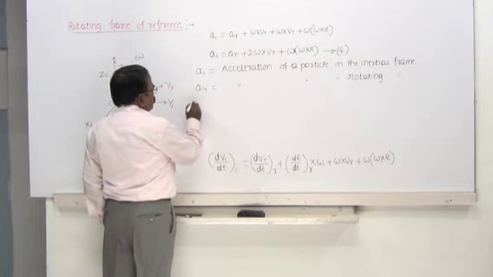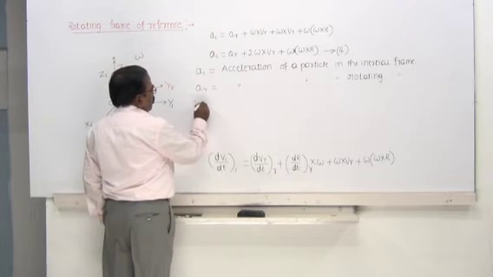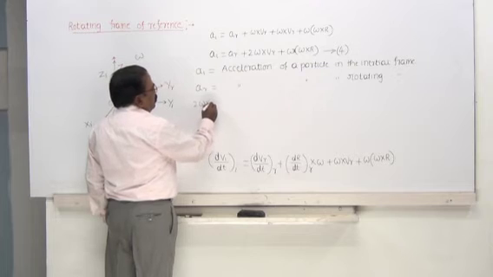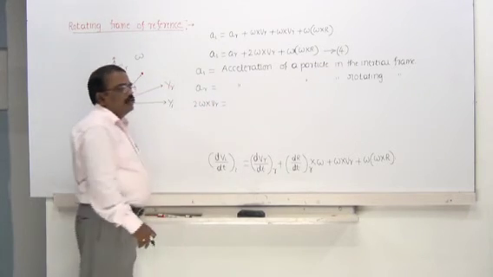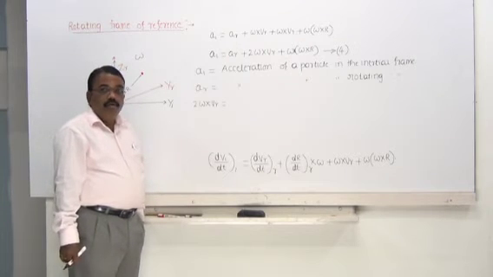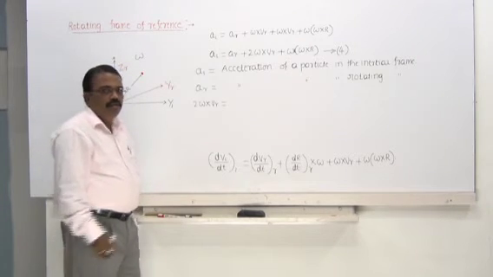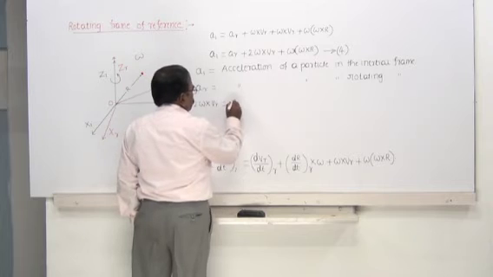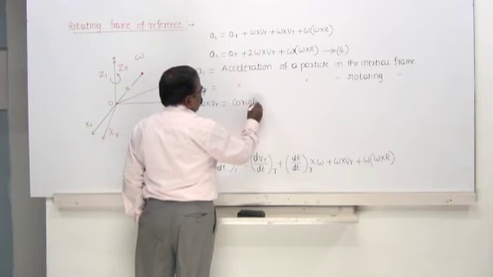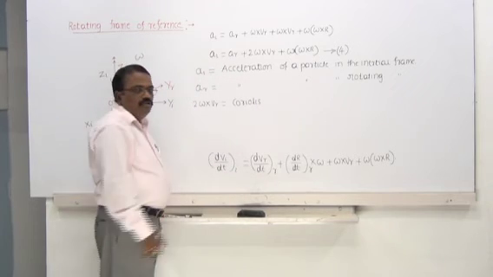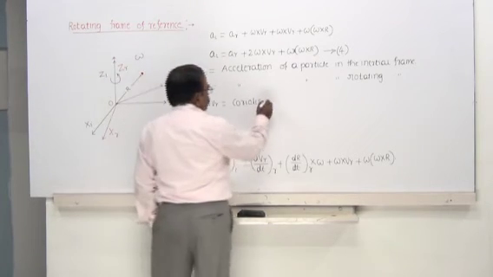And the term 2 omega into VR is called Coriolis acceleration, the name of the scientist Coriolis.